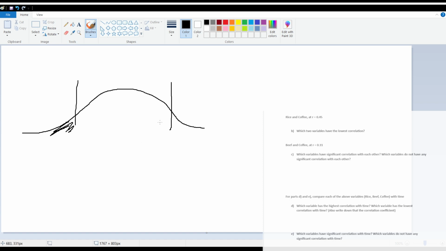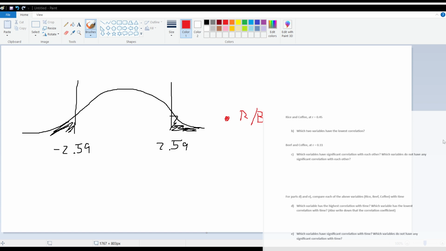So these are the rejection regions, and I have my critical values at negative 2.59 and 2.59. So my dots, you can't see them right now, but they're at 4.18. So rice and beef is over here. This is rice and beef.